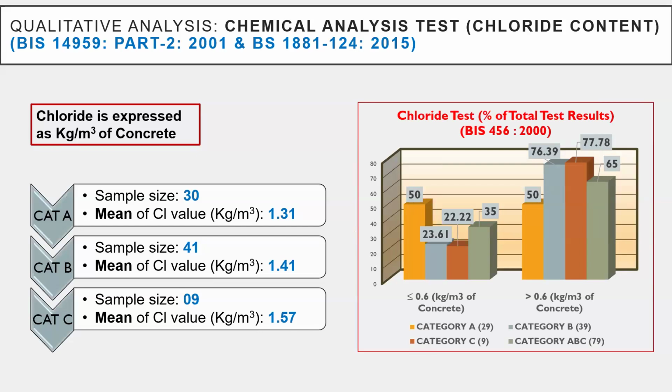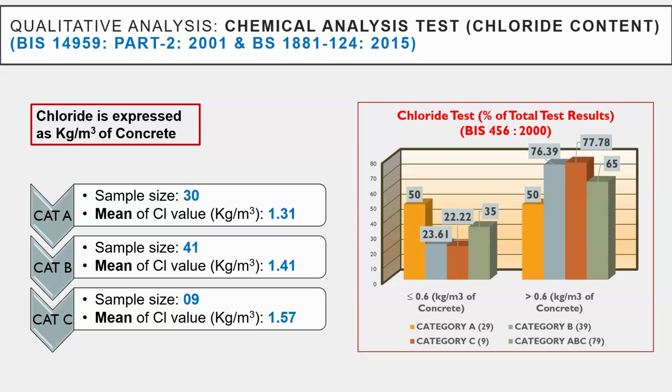And if you look at that, more than 50 to 60% of the locations have revealed that chloride content has exceeded the permissible value of 0.6 kg per meter cubed of concrete as per IS 456.